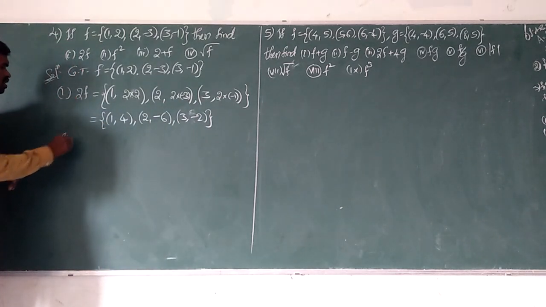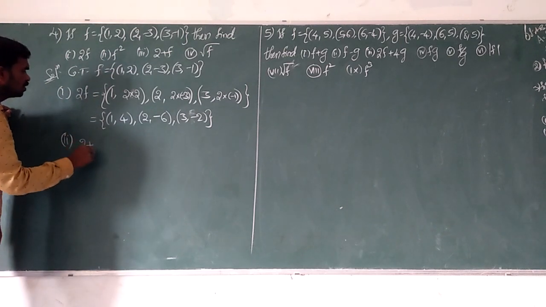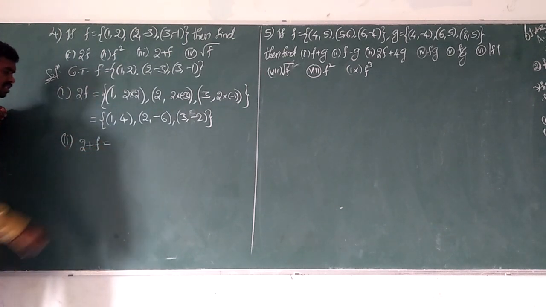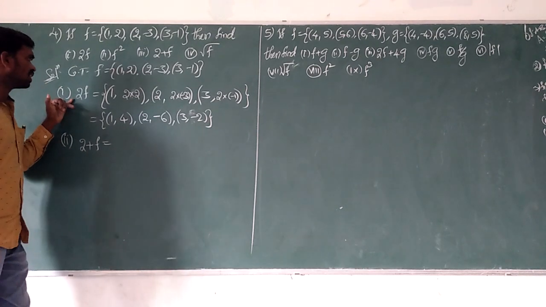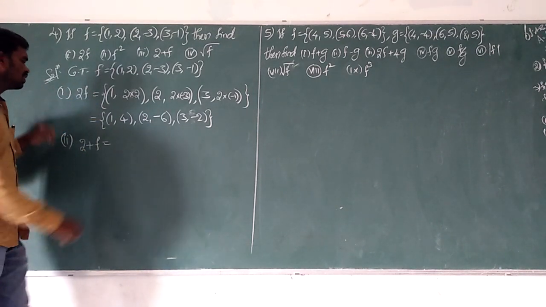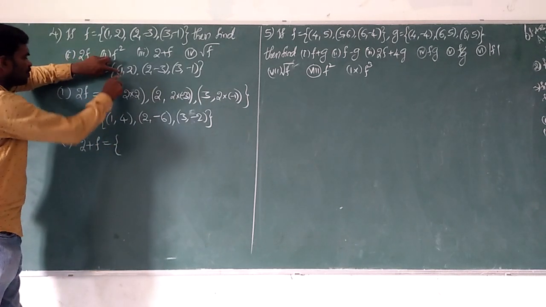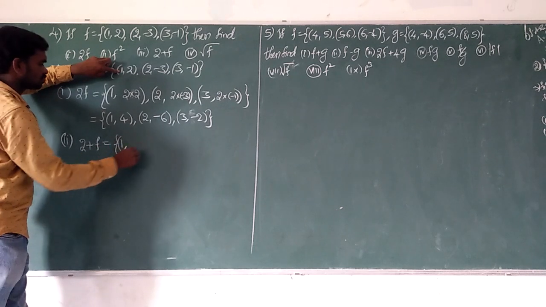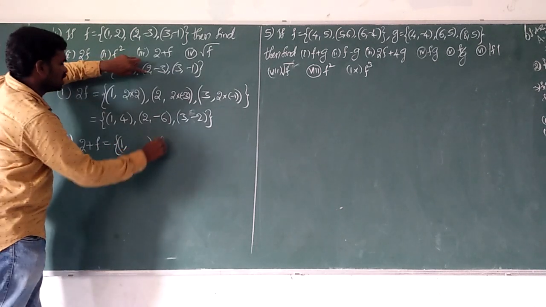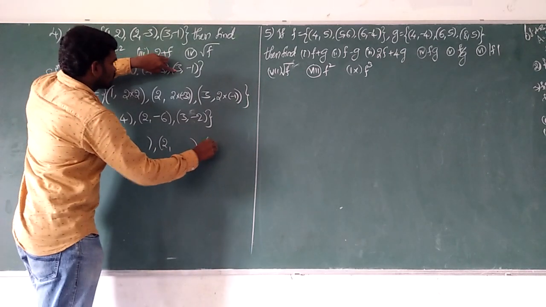Very simple. Second one, 2 plus f. This is also the same, whether multiplication or addition or subtraction or root, anything. So you can apply. What is the f? 1 comma, second element 2 comma, and in the last one 3 comma.